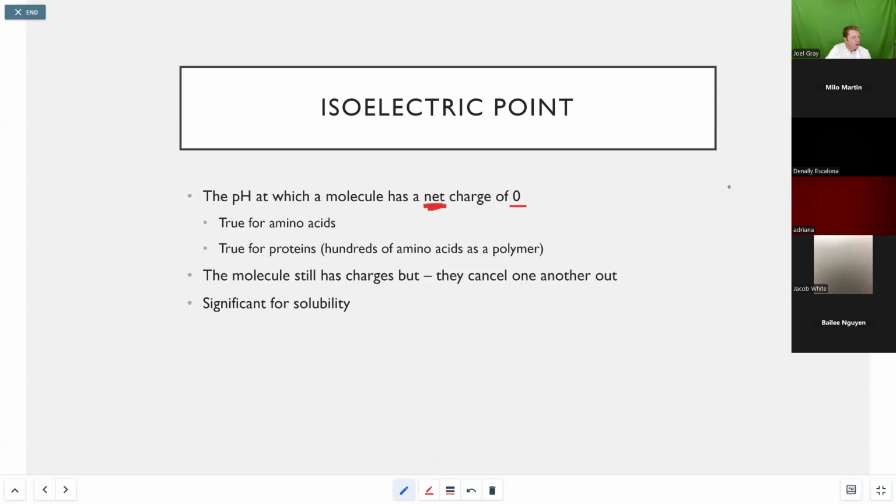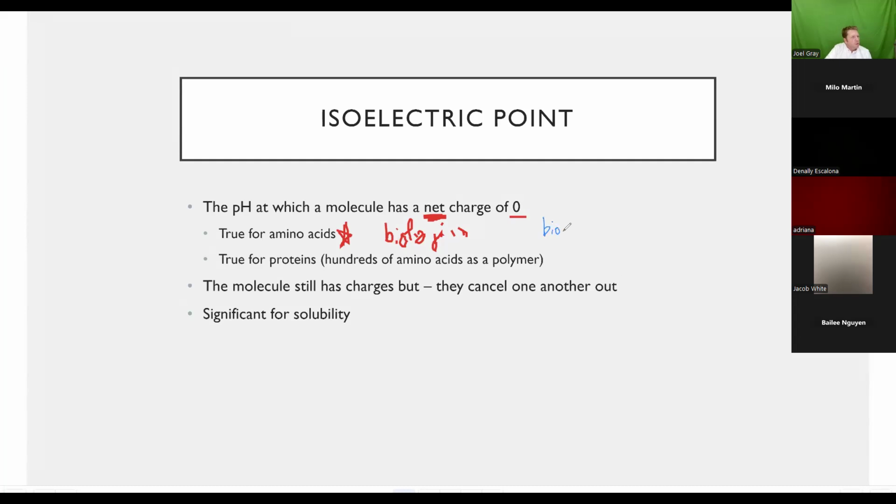Now, this is a property that's not unique to amino acids and not unique to biological molecules, but it's very important when it comes to biological separations.